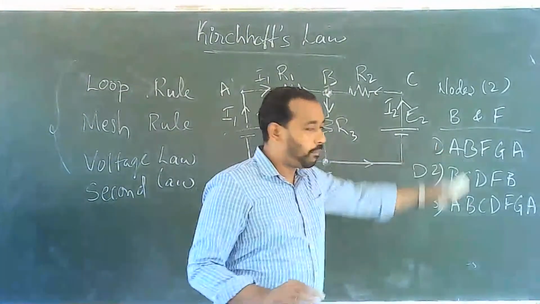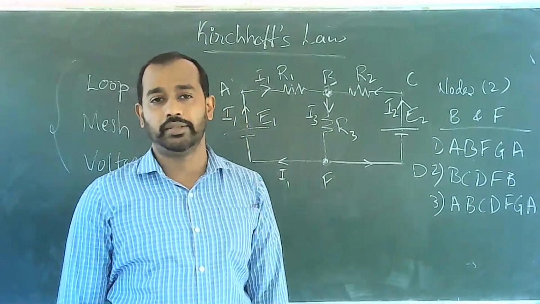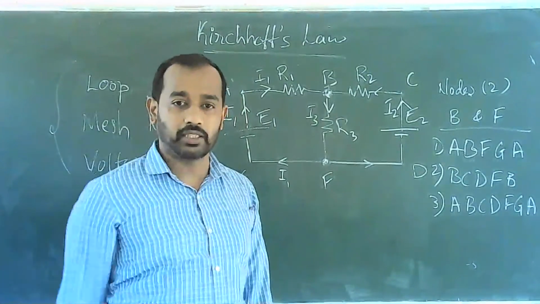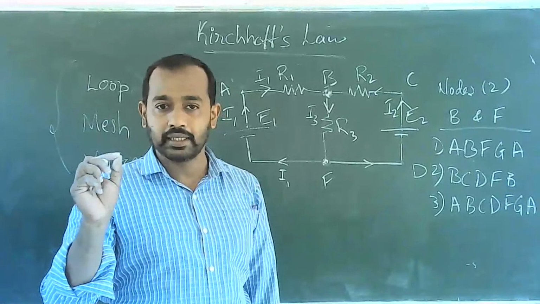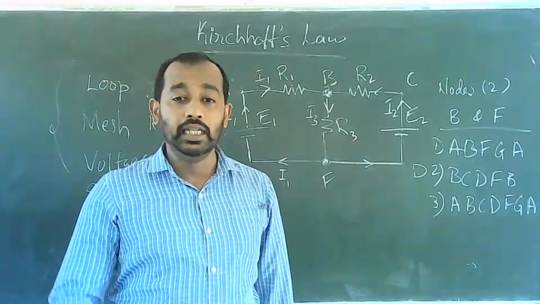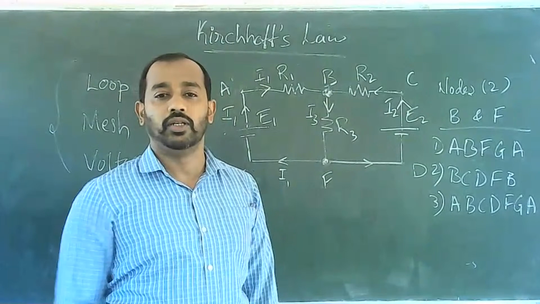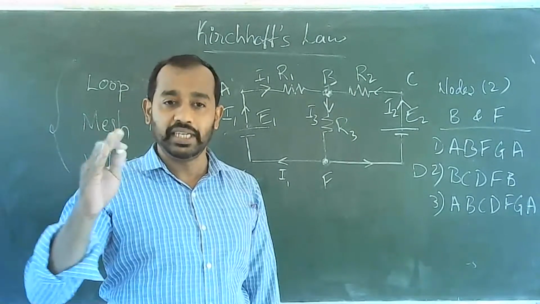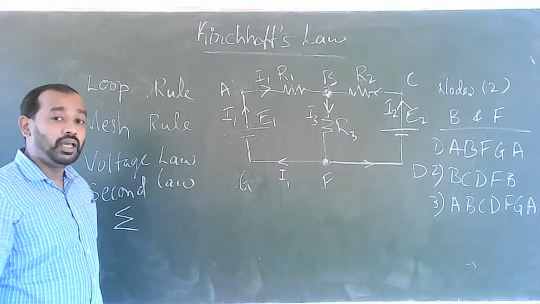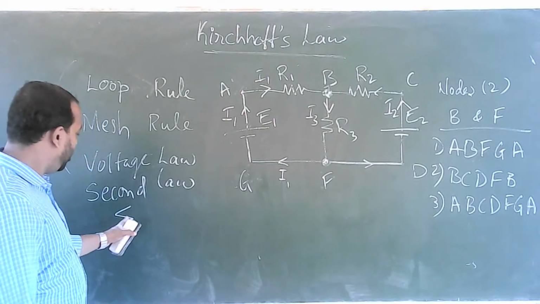Now we are going to apply the Kirchhoff voltage rule one by one to each of the loops that we have considered. First, the statement of the Kirchhoff rule. It states that in a closed loop, the algebraic sum of the voltages is equal to 0. Just like Kirchhoff's current rule says that the algebraic sum of the currents is 0 at a given node.